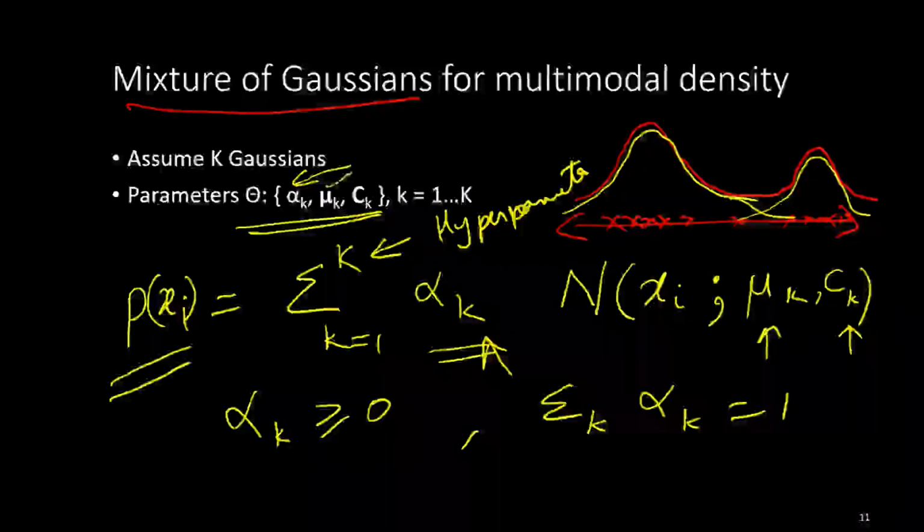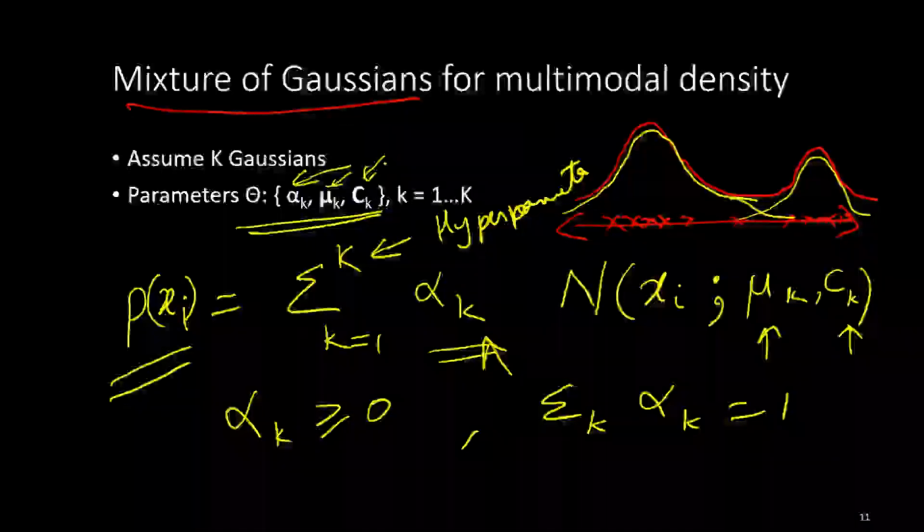And then their centroid is mu k, and in fuzzy c-means and k-means, we assume that the covariance matrix is a scalar multiple of the identity matrix. The data is isotropically distributed, and we also assume that all the covariance matrices are equal. Here we don't assume that. Here all the Gaussians are allowed to have different covariance matrices, not axis aligned. They can be tilted, for example.